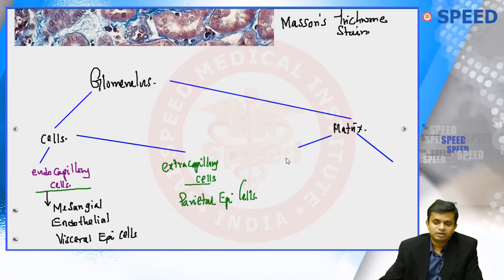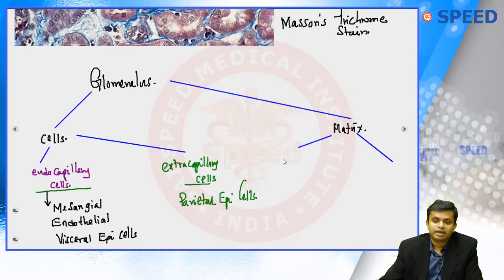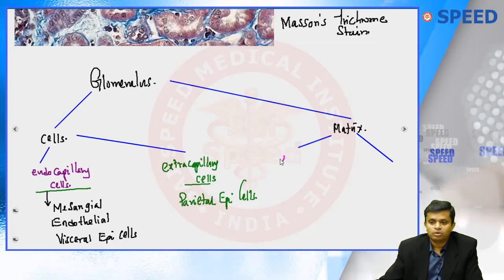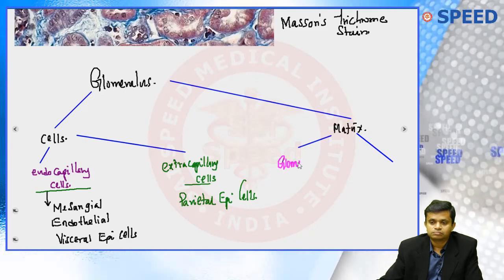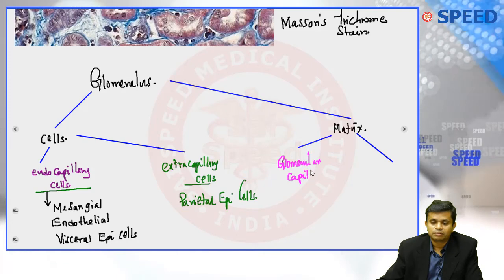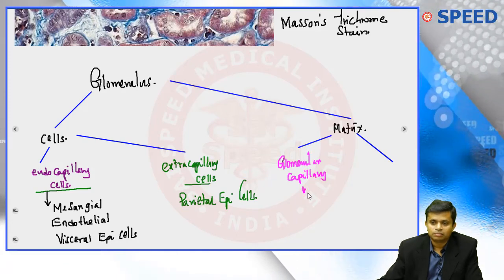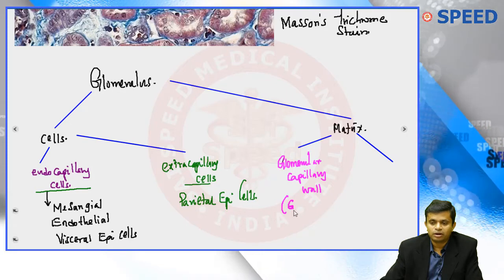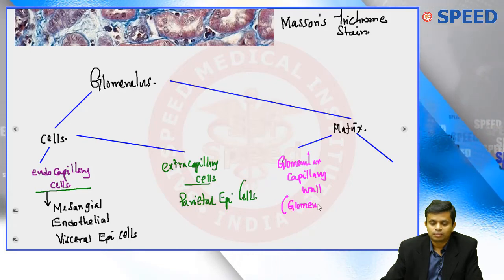Matrix can be present in the glomeruli in the capillary walls. We call this one the glomerular capillary wall. In fact, this is what you usually call the glomerular basement membrane.